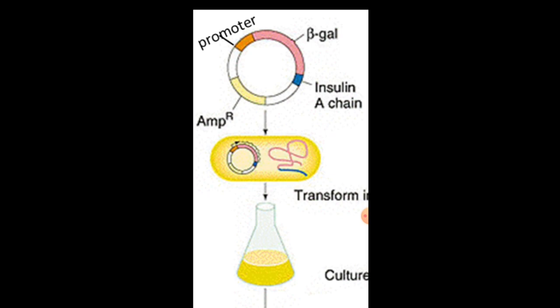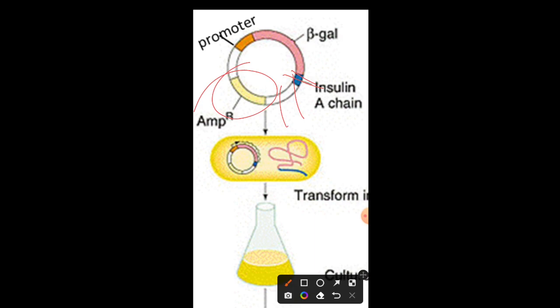Along with it we will also incorporate a selectable marker for primary selection, that means for selection of the transformed cell, and we can also include a secondary marker if we want. Most importantly, the origin of replication for autonomous replication, because we cannot rely on our cell to replicate, so we would have to wait for one cell division, since they replicate once per cell division.